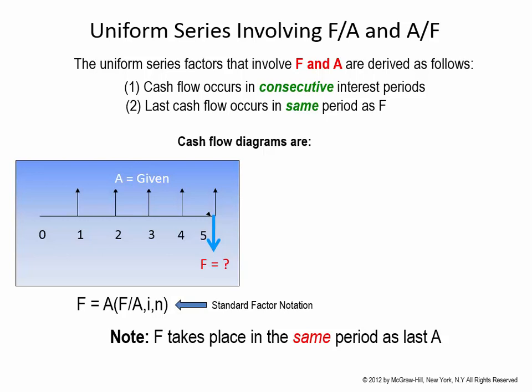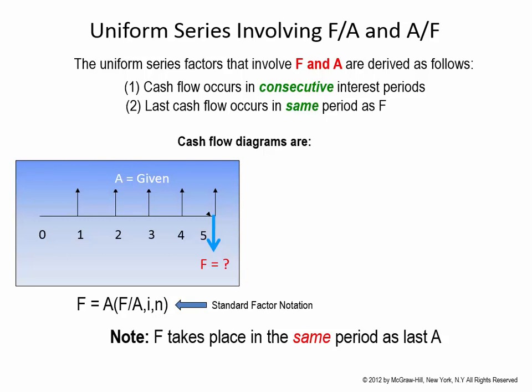What's shown on this cash flow diagram is you receive money every year, and then in the last year you have to make a payment. But the strange thing about it is you're making the payment in year 5, and that's the same time that you got revenue. And so the net effect of year 5 is probably going to be that the payment is greater than the revenue, so it's going to be a net outflow.